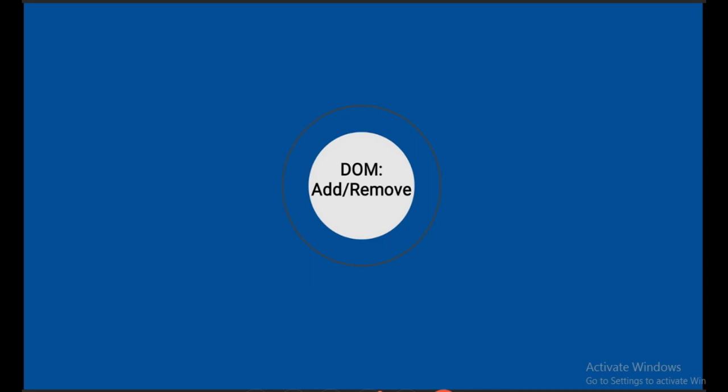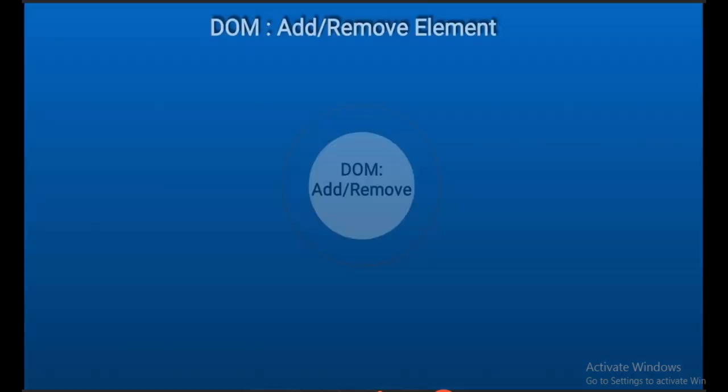Now we will look into adding or removing elements dynamically in the DOM. The topics we are going to discuss are create element and remove element. What we are going to do is add an element dynamically to the HTML DOM.